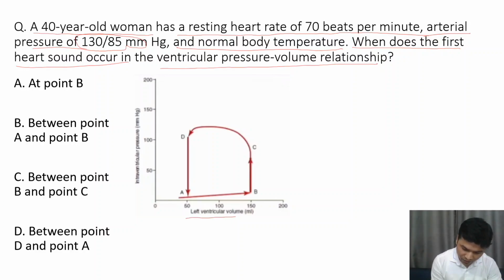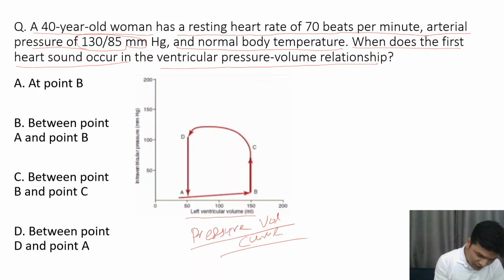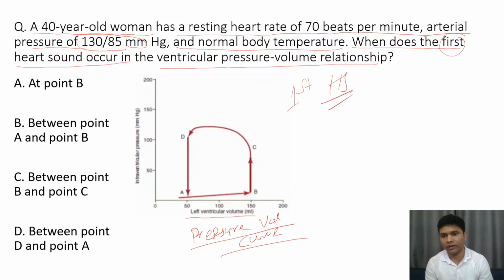So this is the left ventricular pressure volume curve. The question here is the first heart sound. At which point is the first heart sound? For that, let's try to understand this graph first, and then we'll go to the answer.